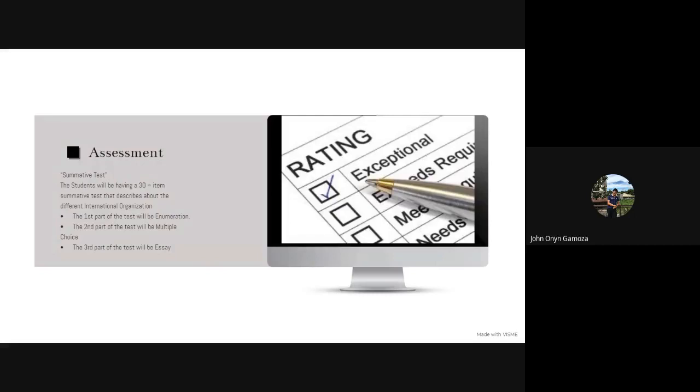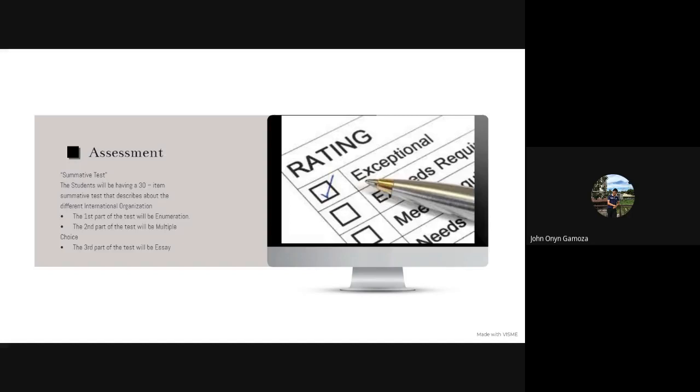The summative test will be divided into three parts. The first part will be enumeration. They will see a certain flag, then write on the paper what flag of an international organization it is.